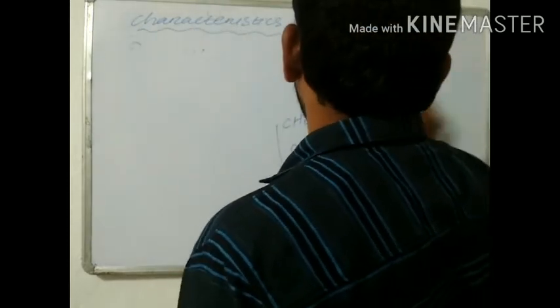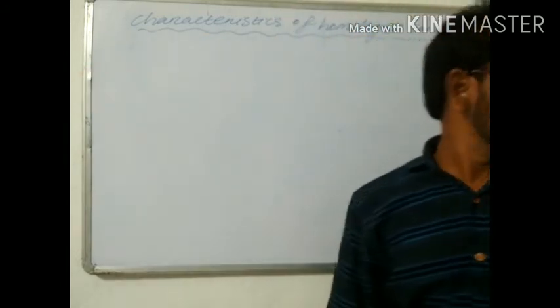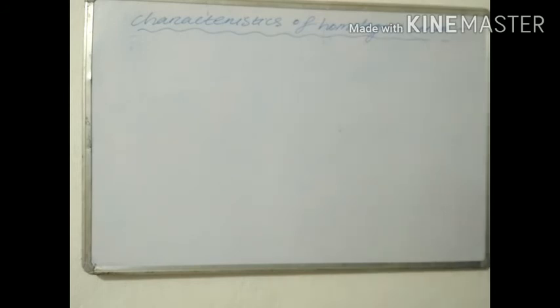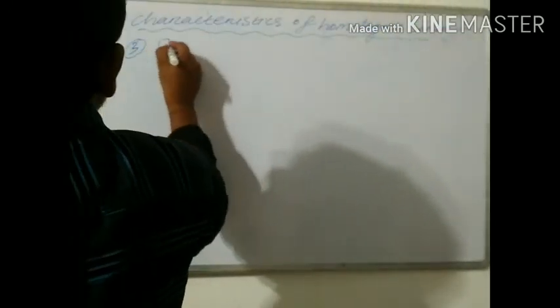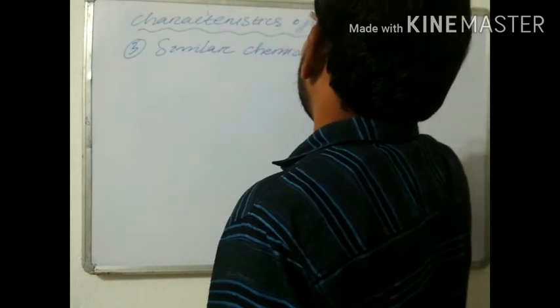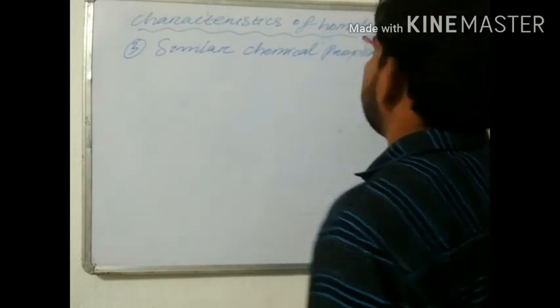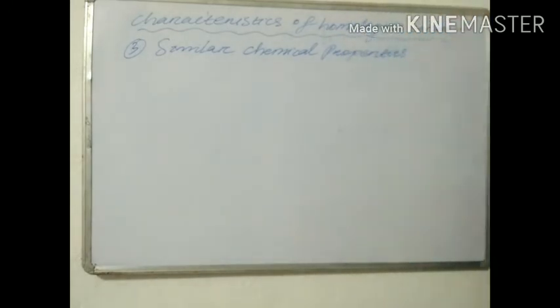And the third property of a homologous series is that they have similar chemical properties. All the compounds in a homologous series have similar chemical properties, not the same but similar.